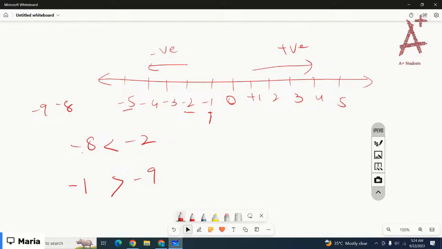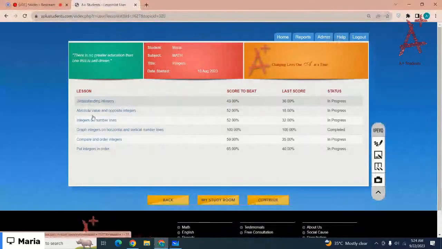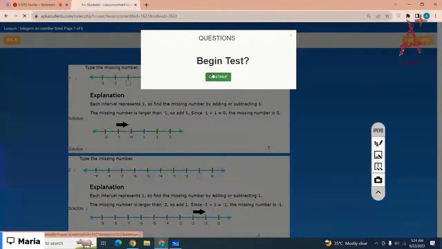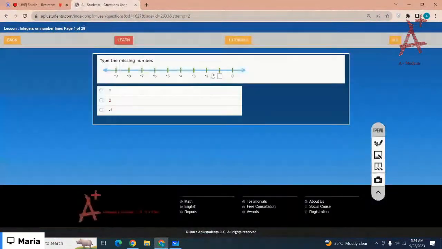Let's just do the practice questions. Okay, integers on the number line. Let's just start with the practice questions. Type the missing number. So here is the number line. Which number is missing on the number line?